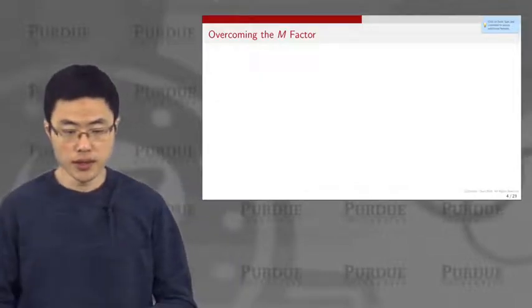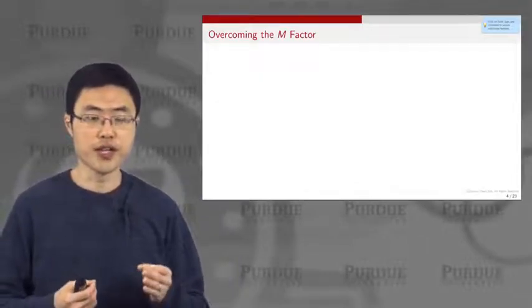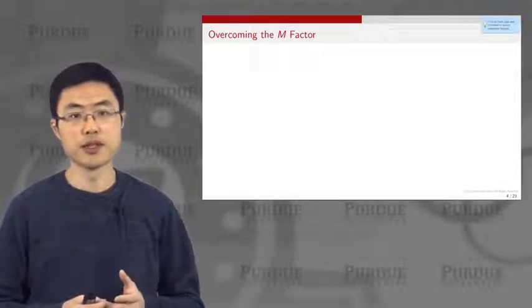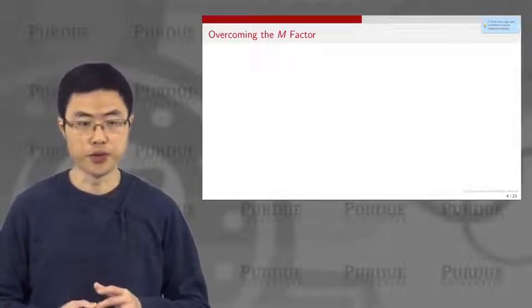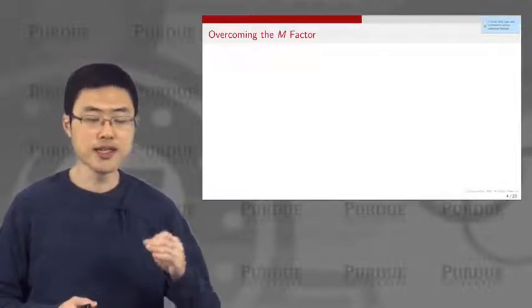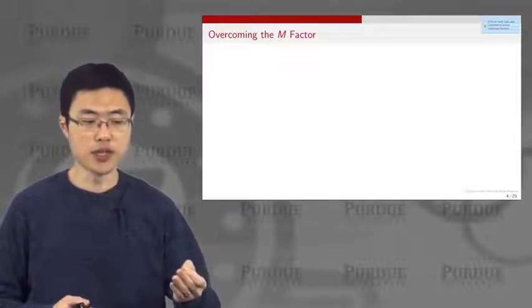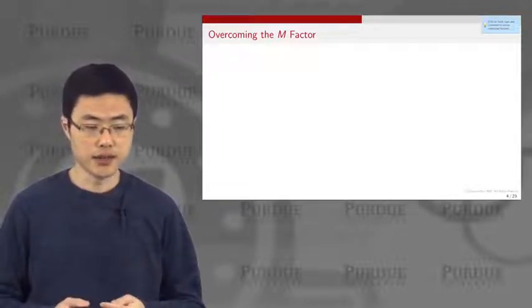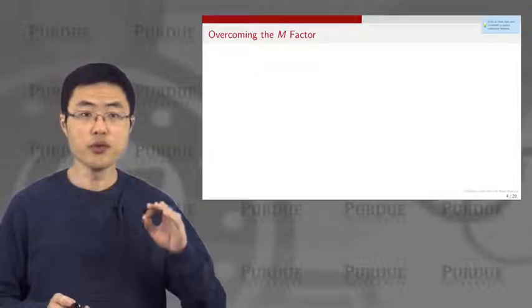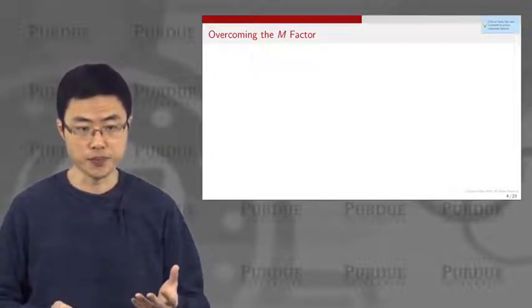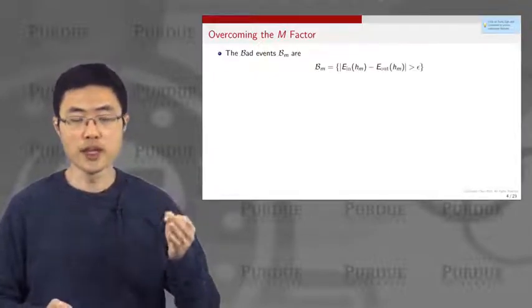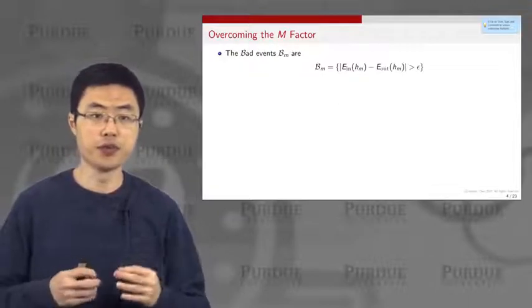So in the last lecture, we also discussed some issues about this PAC framework. If you understand the Hoeffding inequality that underlies the PAC framework, we're only looking at one particular event, one hypothesis that comes out of your training.